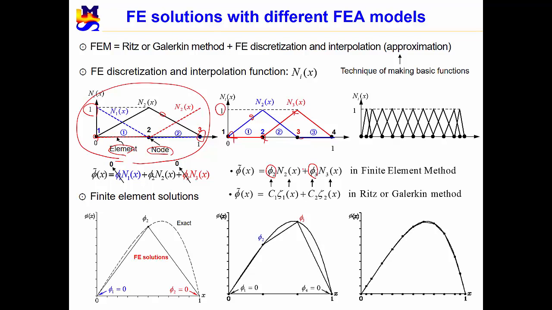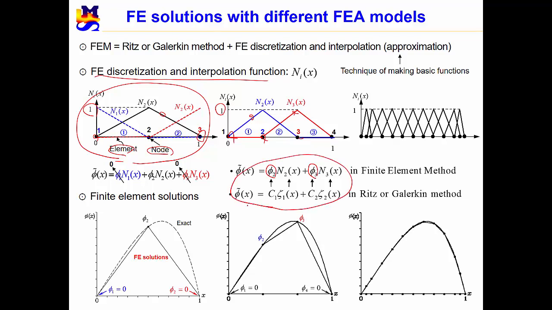I already said that the only difference between the classical approximation method and the current FEM lies in how to flexibly prepare the trial function. The secret of FEM lies in discretization and interpolation. There's, of course, a minor difference in expressing the functions and unknown constants as summarized here.